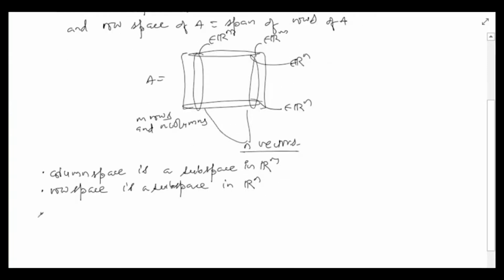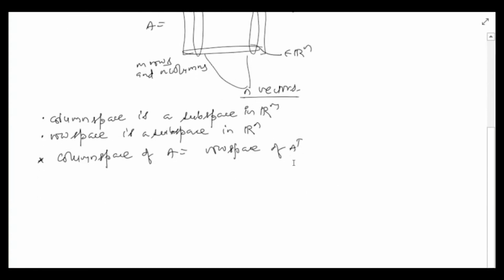Moreover, rows of A are columns of A transpose and columns of A are rows of A transpose. So column space of A is the same as row space of A transpose. Similarly, row space of A is column space of A transpose.